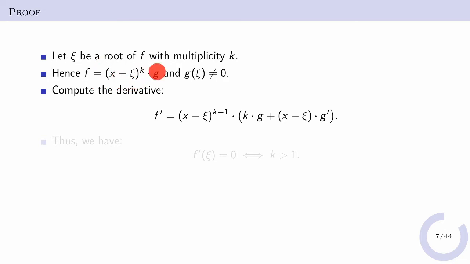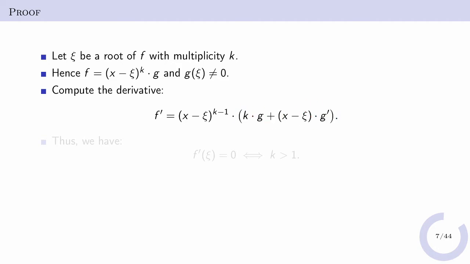So this is this part, plus (x minus xi) to the kth power times g prime. So this is this and this part. So (x minus xi) to the k minus 1 power appears in both terms, so we can take it out, and so we can write f prime in the following way. We have (x minus xi) to the k minus first power times this parenthesis, times this expression.